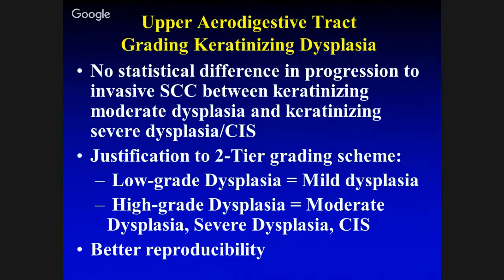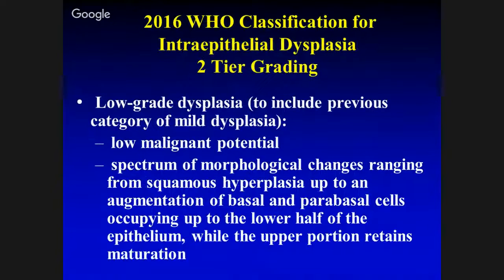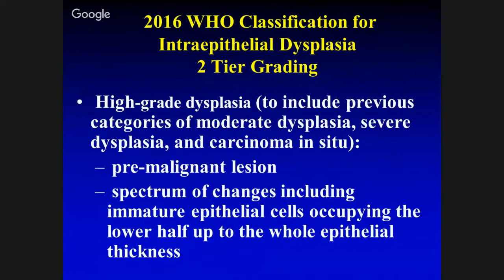So that's the rationale for making it a 2-tiered system, which takes out a lot of subjectivity and makes this a more reproducible system. The low grade has low malignant potential, previously included mild dysplasia, and the high grade is moderate, severe, and carcinoma in situ. If you think something's approaching carcinoma in situ, it becomes a high-grade lesion.